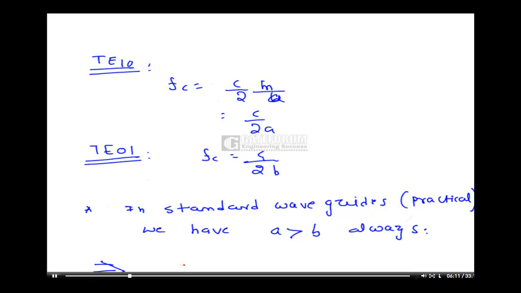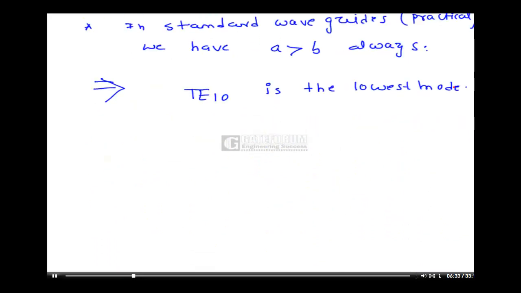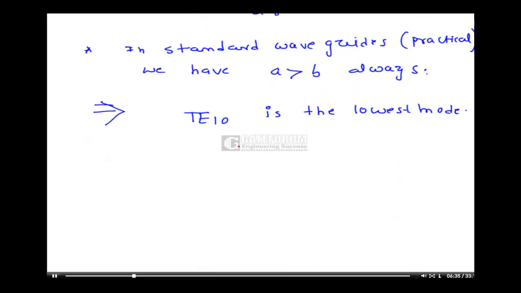Since a is greater than b, TE10 is the lowest mode, because Fc is equal to c by 2a for TE10.